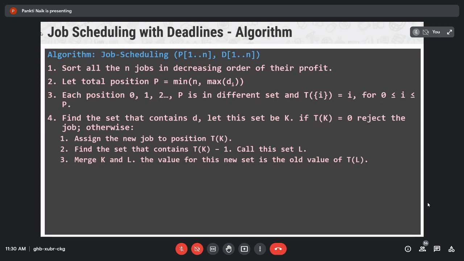If Tk minus 1 position is available, then you can assign the current job at that position. And at the end, return the value of array A, value T. And you can only insert any job in this array if it is within the deadline only.